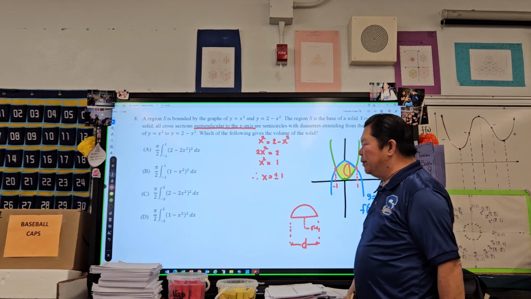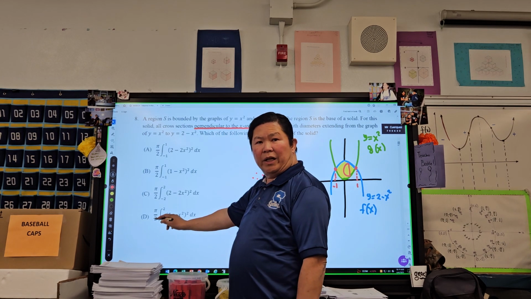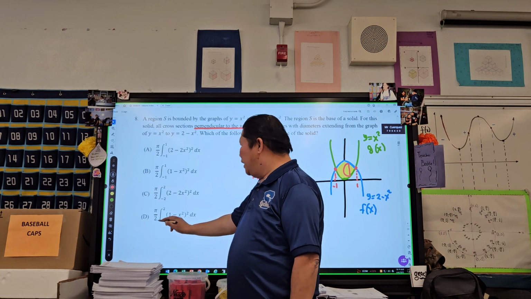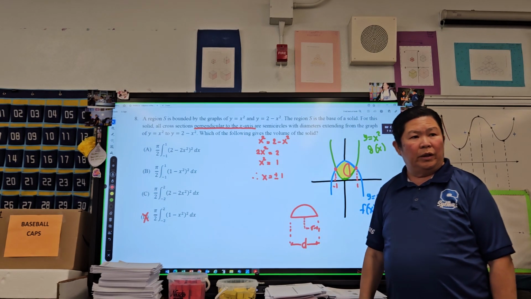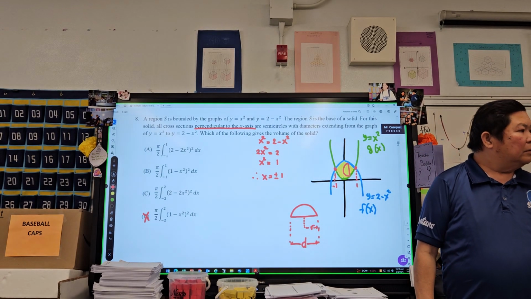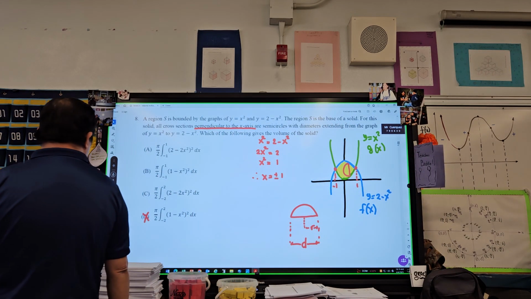So process of elimination. Are we going to eliminate this? Yes. Letter D, because the limit is from negative 2 to 2, so it's not the right limit. What's next to eliminate?